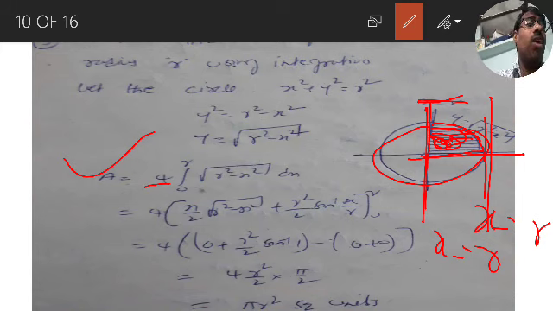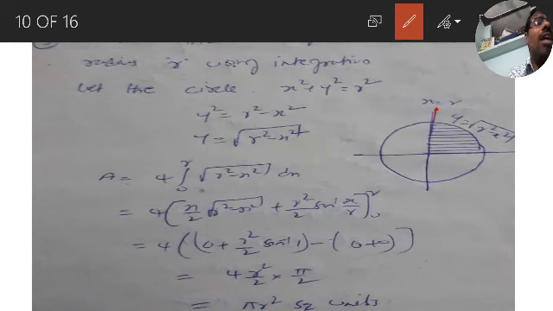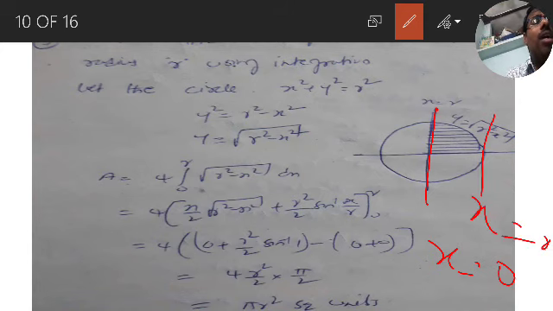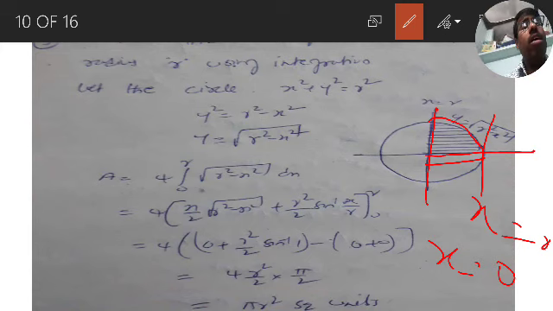Are you getting, guys? So this is the line x is equal to 0, and this is the line x is equal to r, because the radius is r, the distance is r, and this is the curve and this is the x axis. So area under the curve y is equal to f of x, x axis, x equal to a line, x equal to b line is integration a to b, f of x dx.